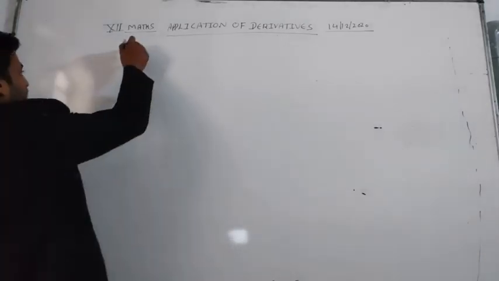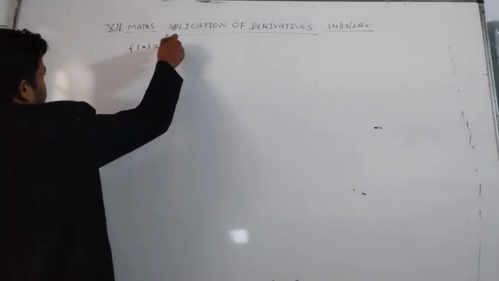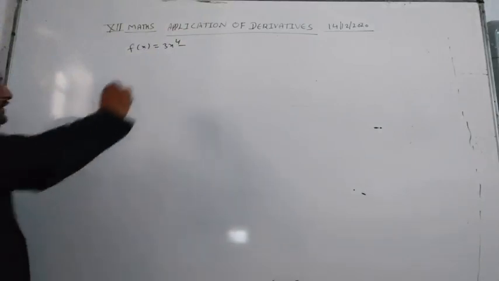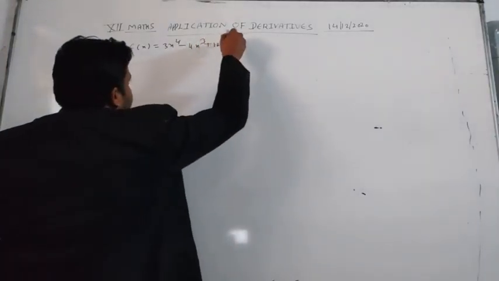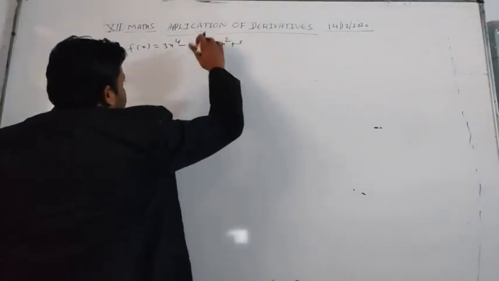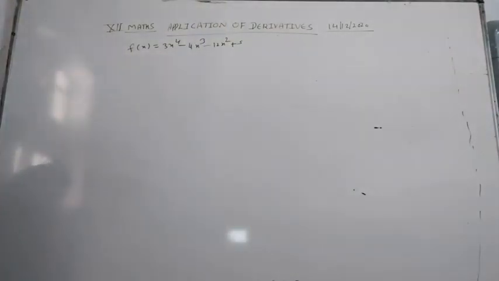Our function is 3x to the power 4 minus 4x cube minus 12x square plus 5.